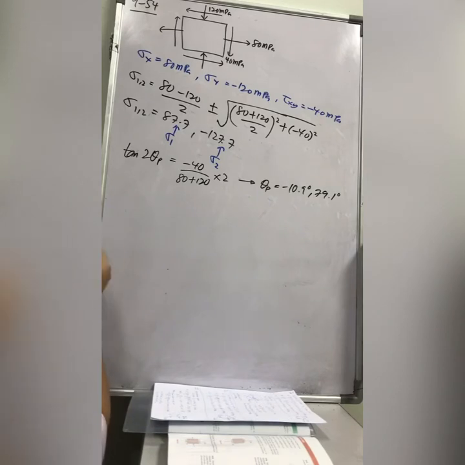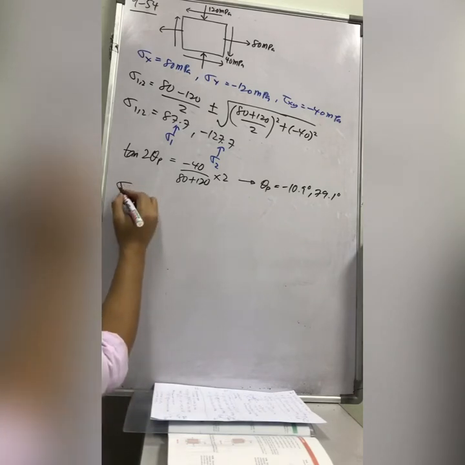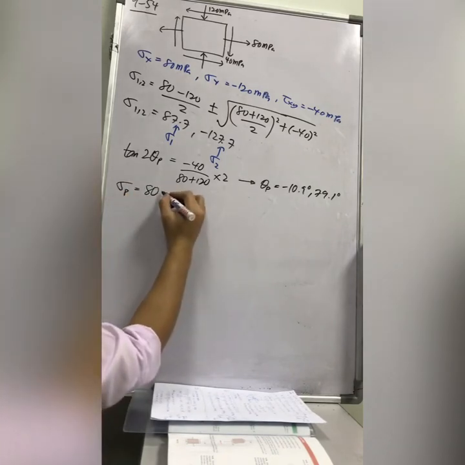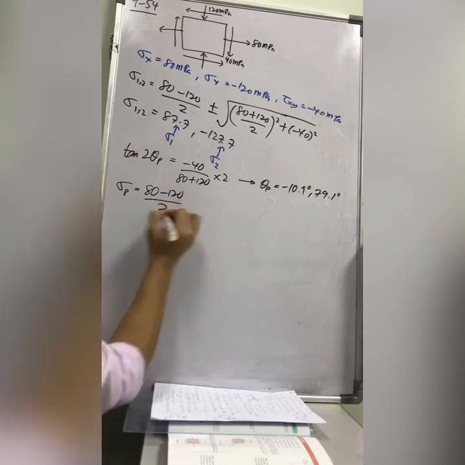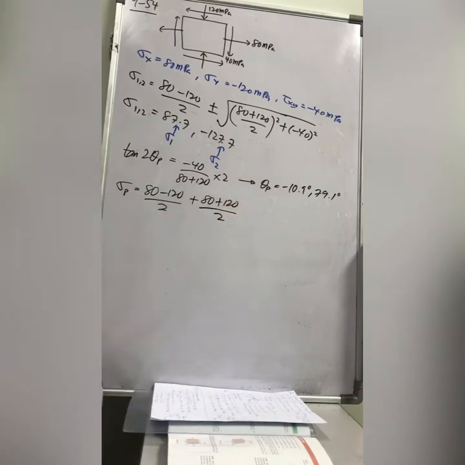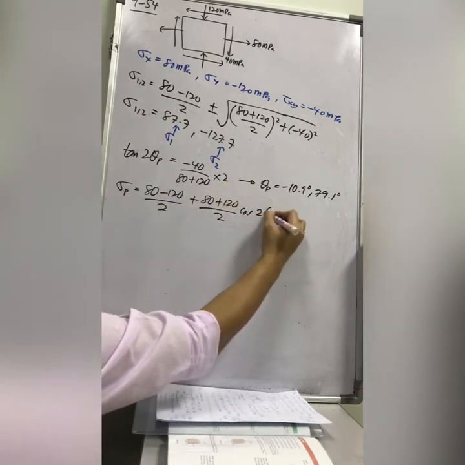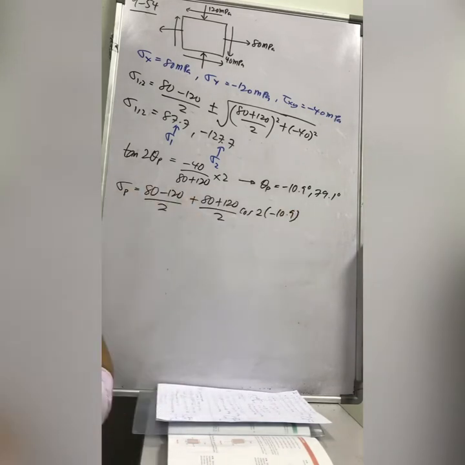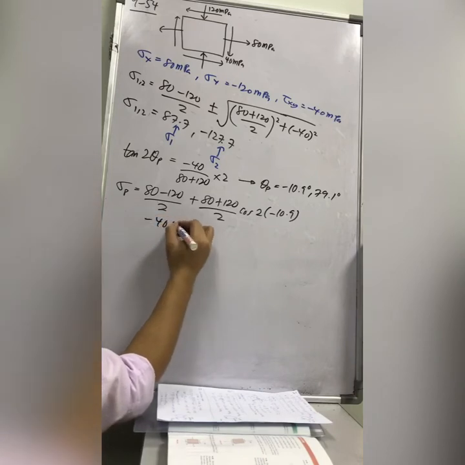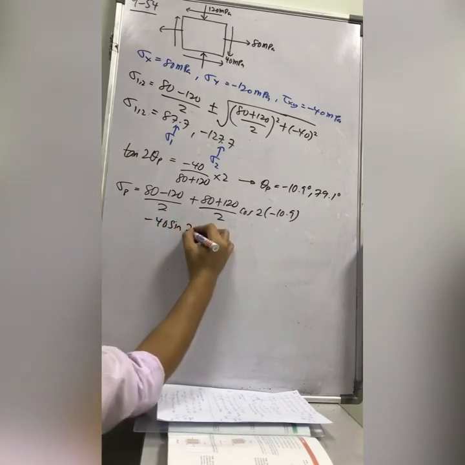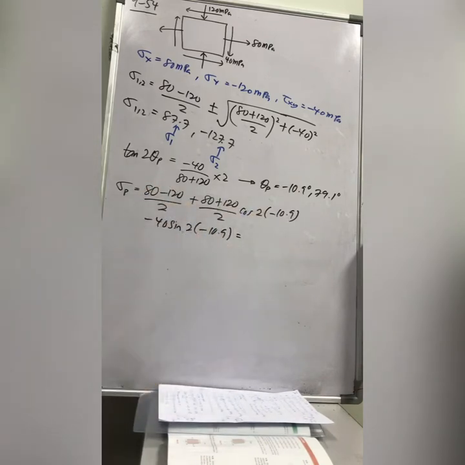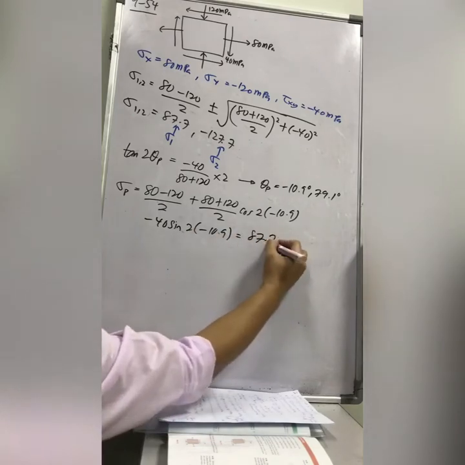The equation is sigma x prime equals sigma x plus sigma y divided by 2, plus sigma x minus sigma y divided by 2, cosine of 2 times 10.9, plus tau xy, which is minus 40, times sine of 2 theta, which is minus 10.9. What do you get if you calculate this? You will get 87.7 megapascal.